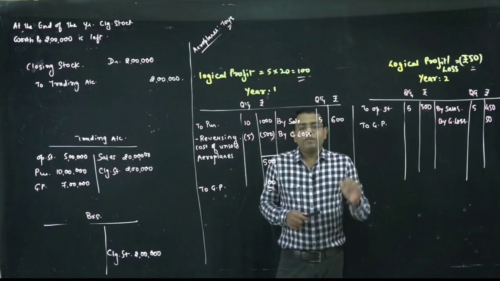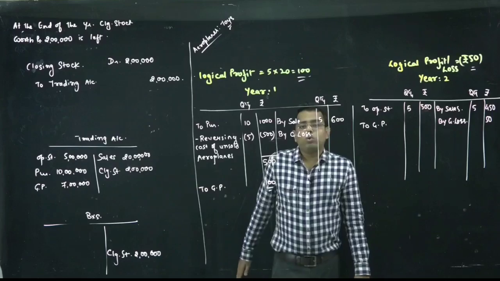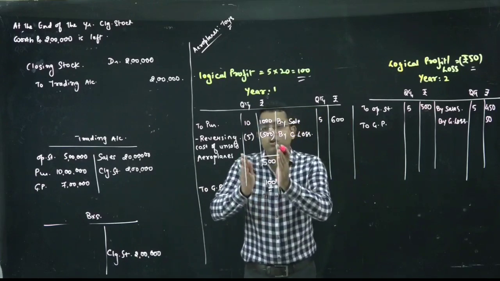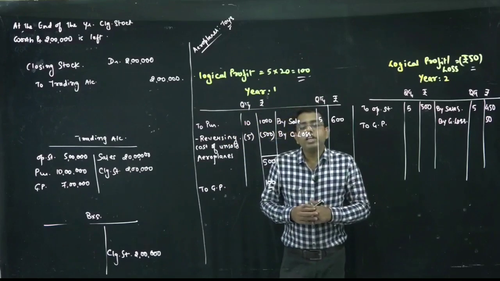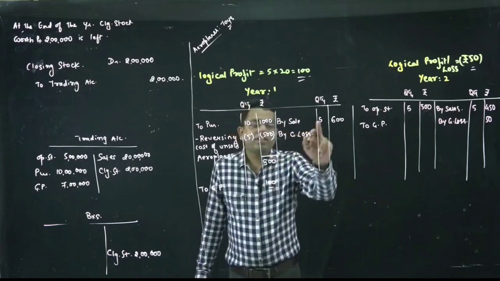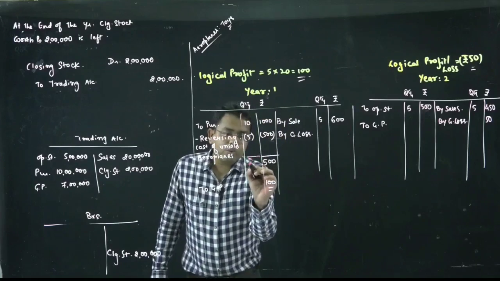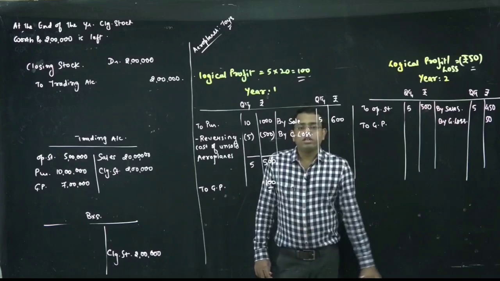Yes, please understand friends, what we are doing with the closing stock in the trading account is nothing but reversal of an expenditure from which the income is to be earned in next year. When we are purchasing 10 planes but selling only 5, cost of only 5 aeroplanes should be debited to our trading account to know the true results.